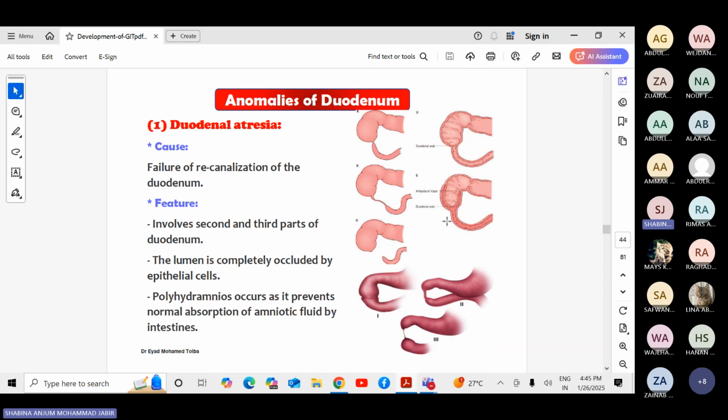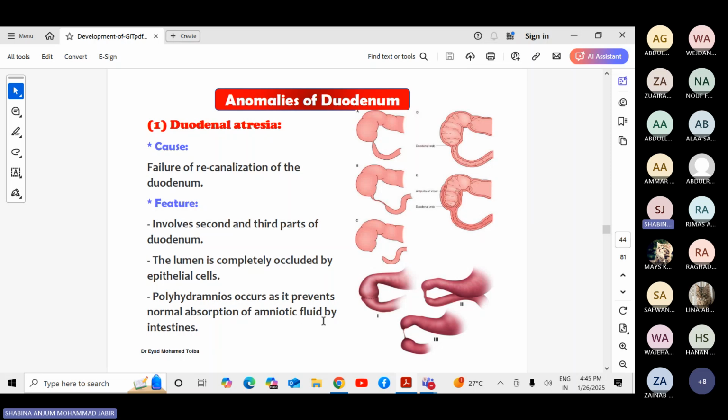So if you remember, we have seen polyhydramnios in tracheoesophageal fistula also. Okay, so there are conditions when there is a block in any part of the GIT. Okay, this we are talking about embryonic life. So the condition known as polyhydramnios will happen because the fetus will not absorb the amniotic fluid.